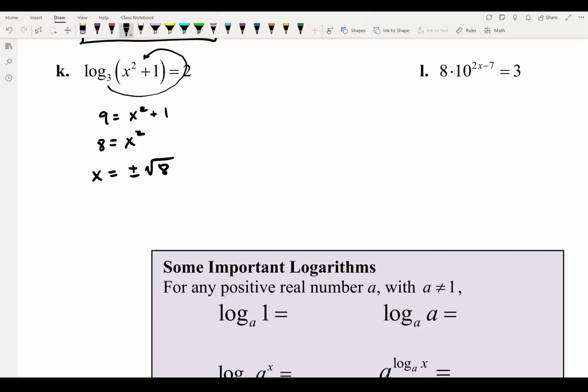Now, let's simplify that a little bit. We can take a 4 out, and it becomes a 2 on the outside. If we were to plug each of these in, we would square the result, and we would get positive 8 and then add 1. So I think we're good in this case.